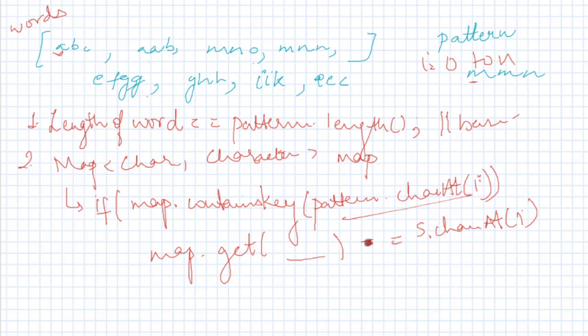But if it is not equal, create a flag variable that will tell you that this particular element is not going to be valid. This is one of the conditions that tells you it won't be valid.